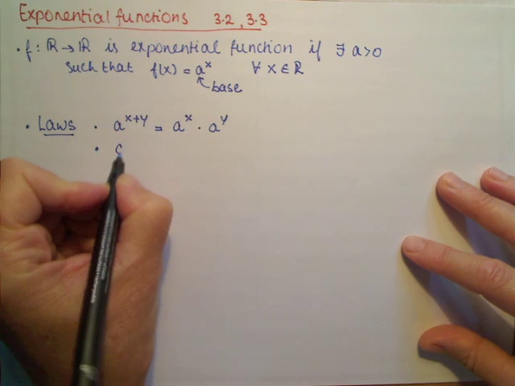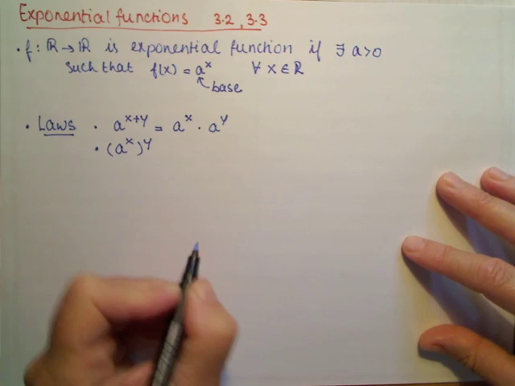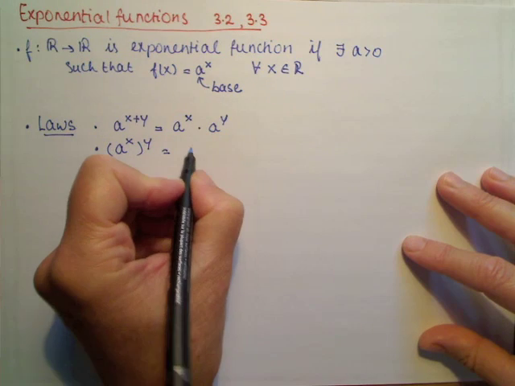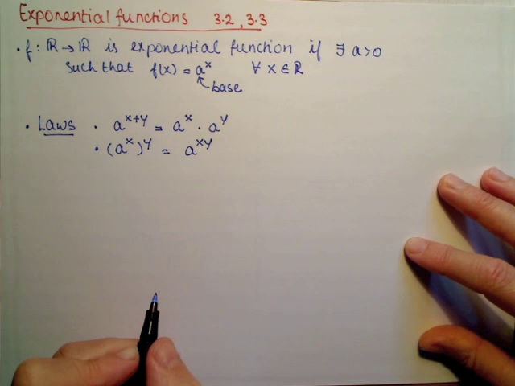The second law is that if we raise a to the power x and raise the result to the power y, then we can just as well raise a to the power x times y.